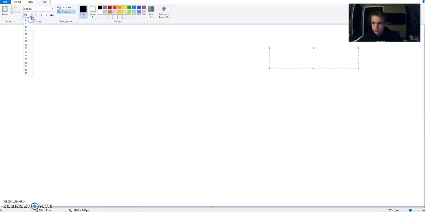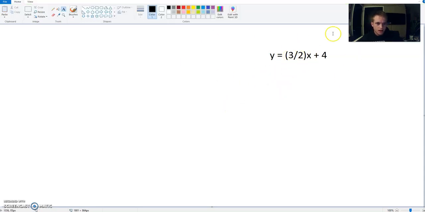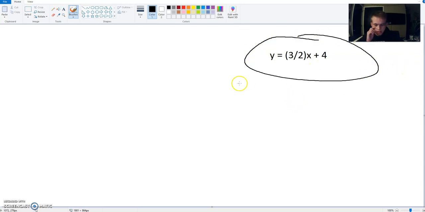Let's do y equals, how about 3x? How about actually 3/2 x? Make it look proper here. Plus 4. We are going to graph that line. I'll even circle it, give it some emphasis.